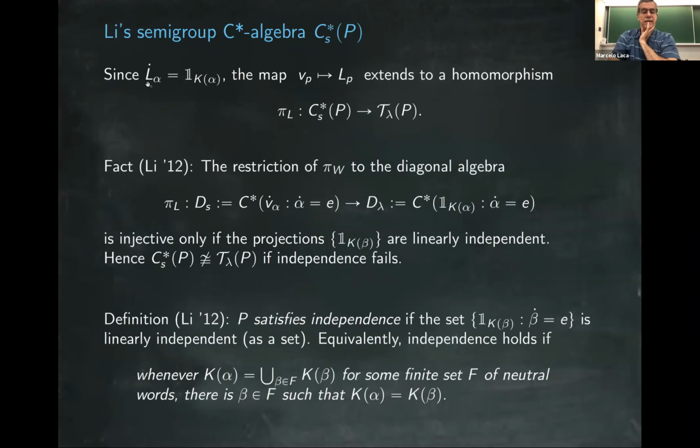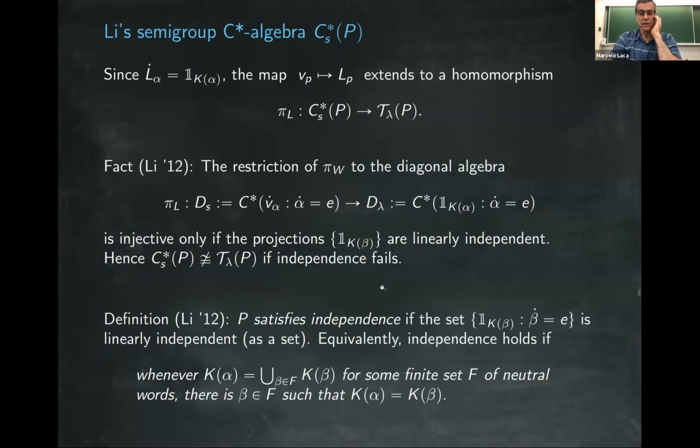So in particular, if you do L dot alpha, we computed already, it's 1_K alpha. We computed it for the PQRS, but it's a general fact. And that map gives you that the 1_K alpha satisfy Shin-Lee's conditions, so that gives you the T lambda P as a quotient of C star S of P. But Shin-Lee observed that the restriction to the diagonal, the C-star algebra generated by the neutral words, V dot alpha for alpha dot equals E, and the diagonal in the left regular is this one that we computed already, 1_K alpha for alpha dot E. That map is injective only if these projections have a property.